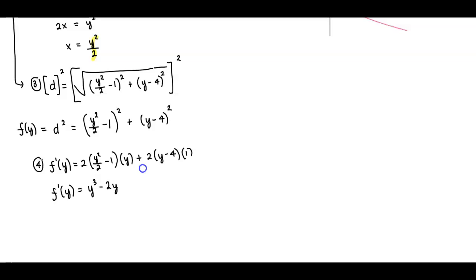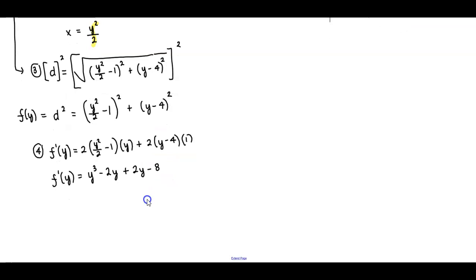Then over here, we distribute the 2, and 2 times 1 is 2, so we get 2y minus 8. Now we can simplify this a little further by eliminating the 2y's because those are opposites. So the derivative of this function is going to equal y cubed minus 8.